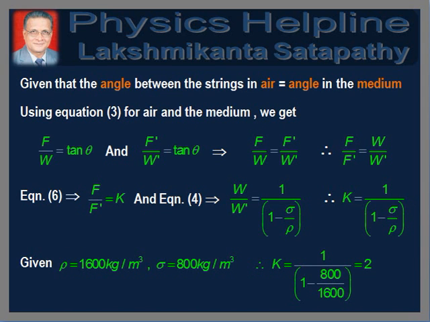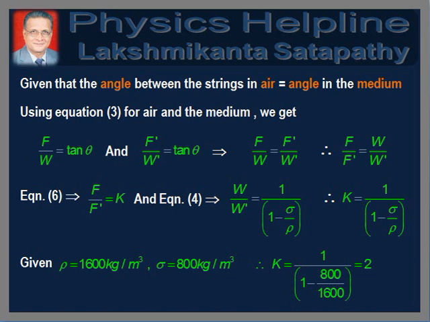Now we are in a position to solve the problem in the question using these concepts. It is given that angle between the strings remain the same in air and in the liquid. Therefore, in air we have F by W is equal to tan theta, and in the liquid we have F dash by W dash is equal to tan theta.